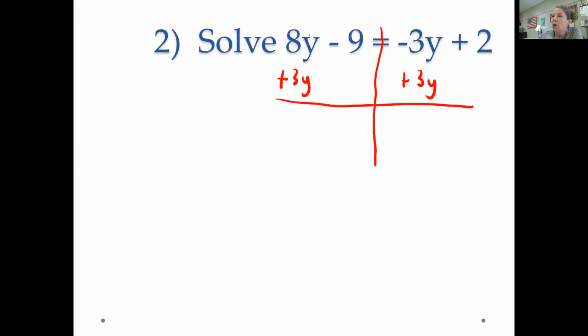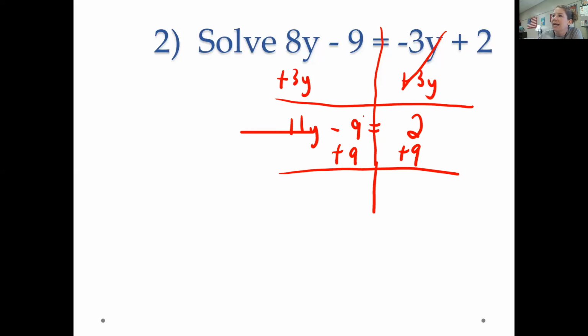So 8y plus 3y is 11y. Bring everything else down. Negative 3y plus 3y is 0. And then I bring down my 2. All right, I want y by itself, so I'm going to cancel out minus 9. The opposite of subtracting 9, I'm going to add 9 to both sides.